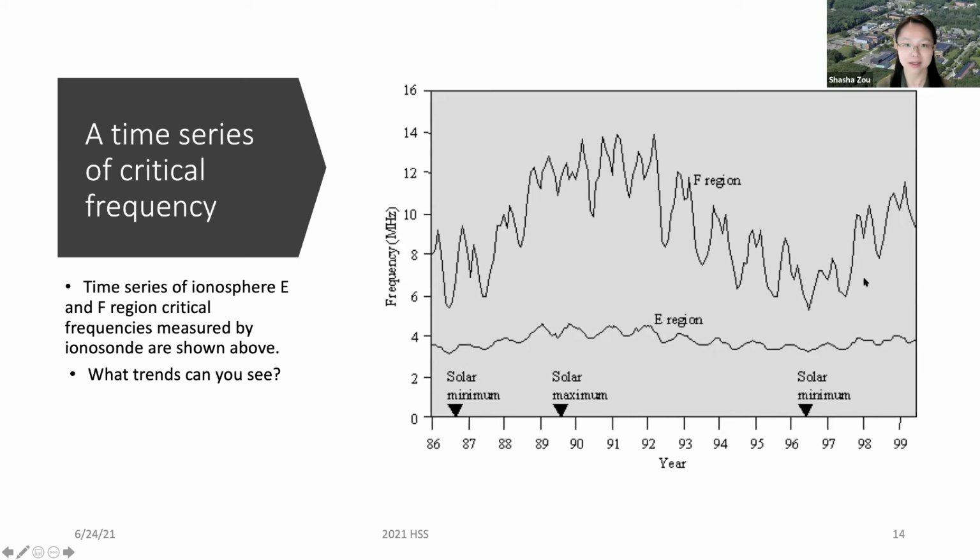So what does that mean? That means the E region density should be much lower than the F region density in this particular location, right? You can also identify the yearly variability and also very weakly the solar cycle variation here.